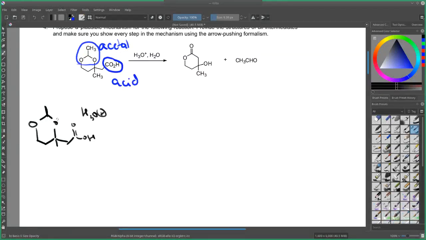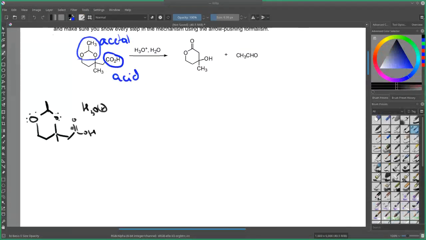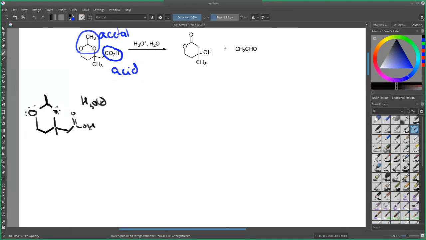And my bet is that one of these oxygens is going to get protonated from the acid that's floating around in the solution. Do you guys think it'll matter which of the two oxygens gets protonated, just from looking at what we're working with here?